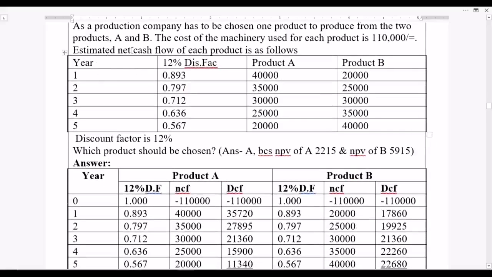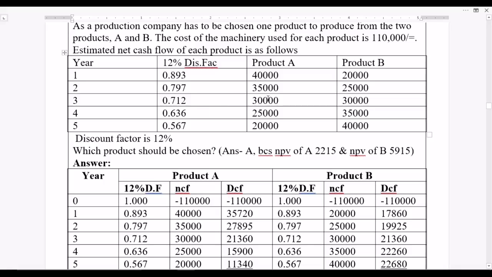The estimated net cash flow of each product is as follows. From product A and product B, the cash inflows are given. So you have to choose which product should be produced. Right. Here the years are 1 to 5, and the discount factor is given.